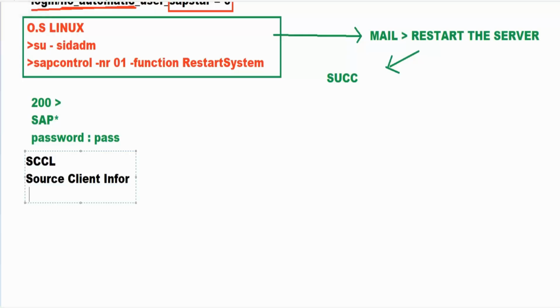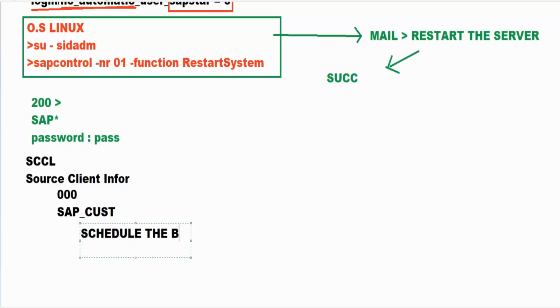That means it will ask you to select the client number, which client you want to copy the data from and which profile you want to copy, and then next schedule the BTC job, the background job, where you will check the background job status in SCC3.